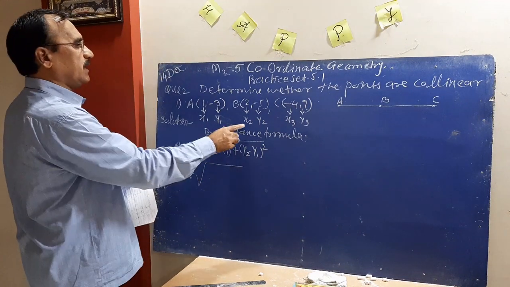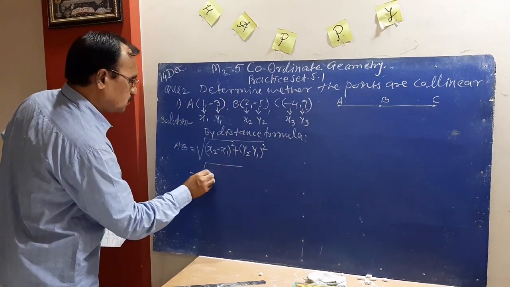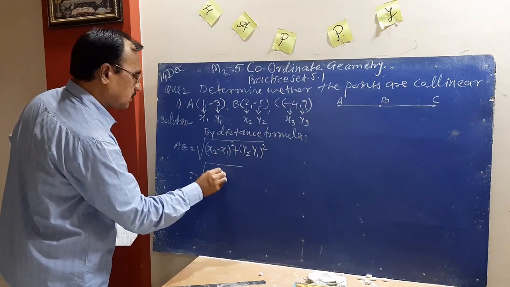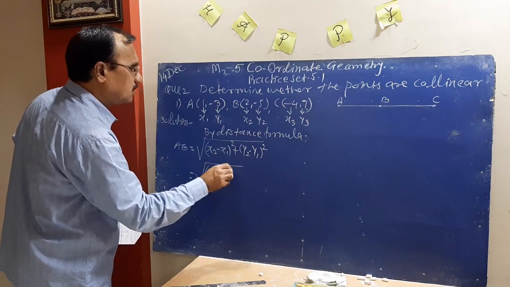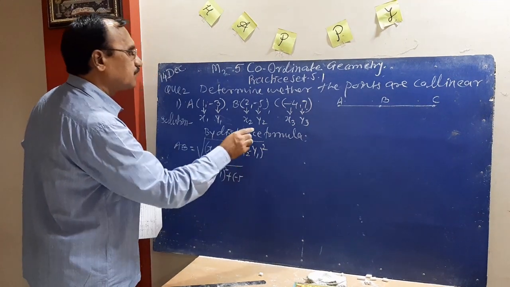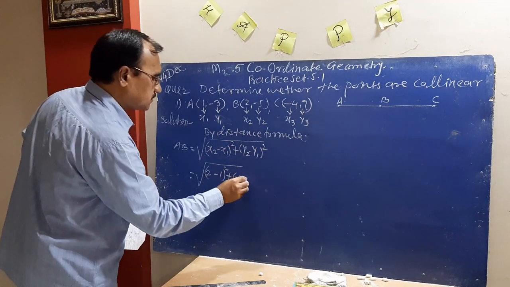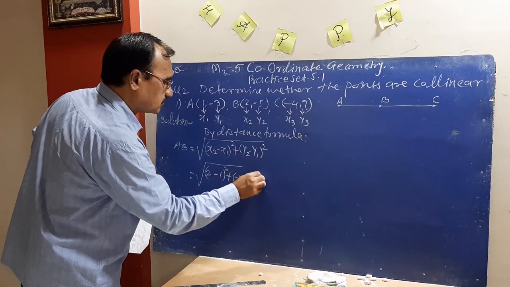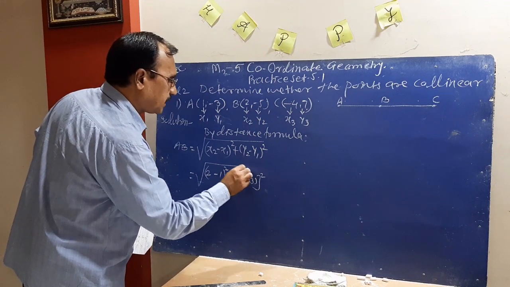Here x2 is 2, minus x1 is 1, y2 is minus 5, minus y1.